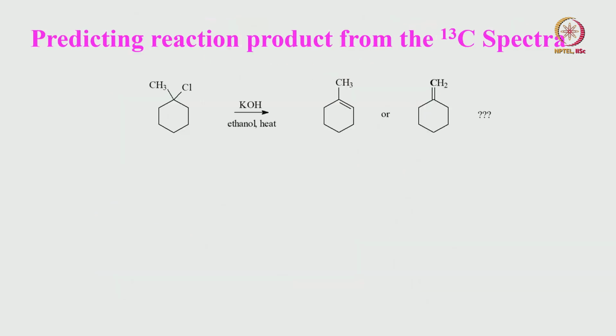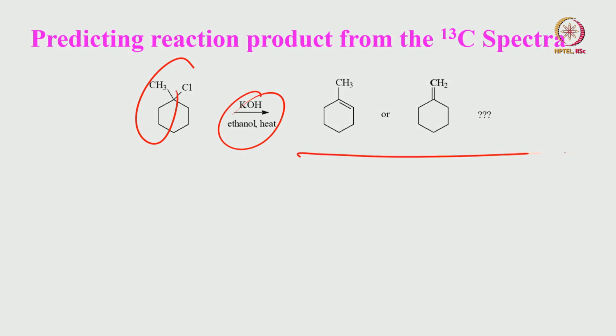So, this is how it goes, and you can even predict the reaction product just by looking at the carbon 13 spectrum. Take for example a molecule like this. Somebody was doing a chemistry reaction of this molecule with KOH and was confused whether you get this molecule or this molecule. How do you know which is the product?